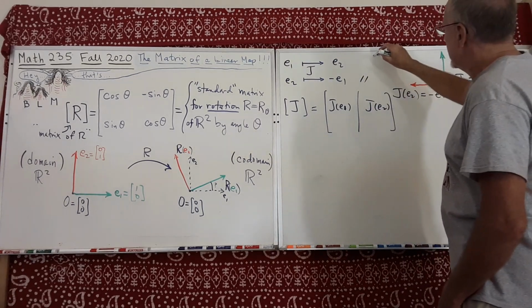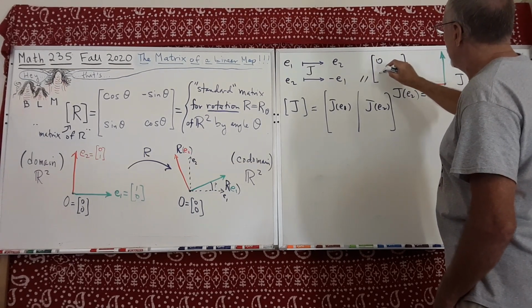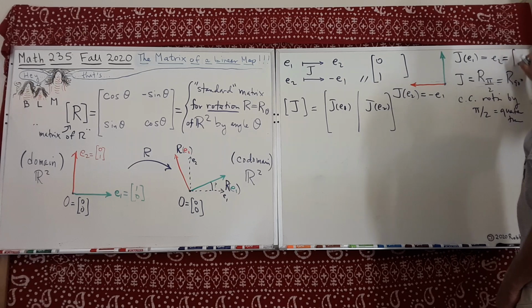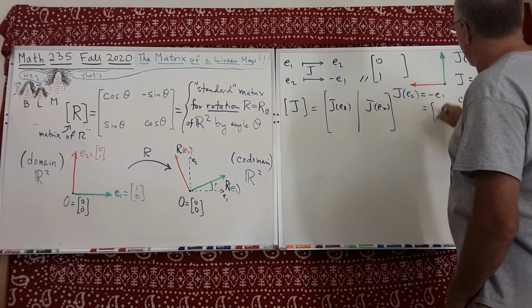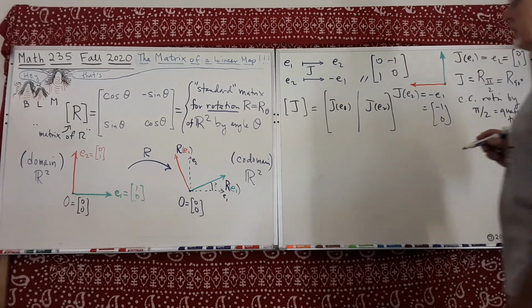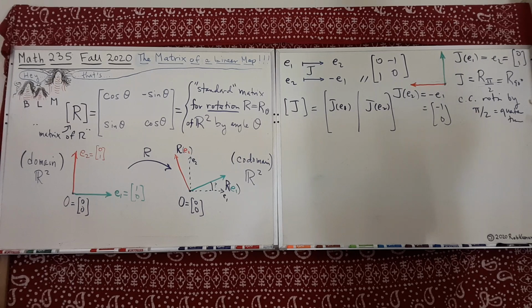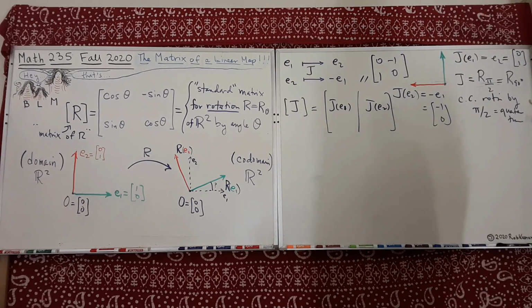Well, it's the matrix with first column (0, 1), this is E2, and second column (minus 1, 0). So there's the matrix J. That's the J matrix. And I may actually just drop those square brackets from time to time.